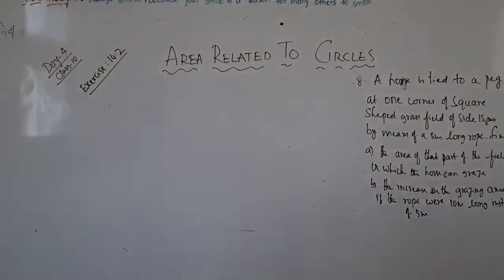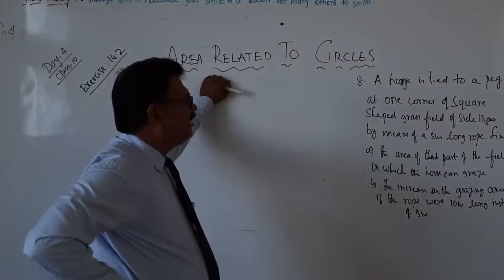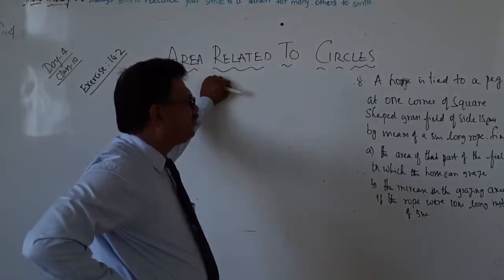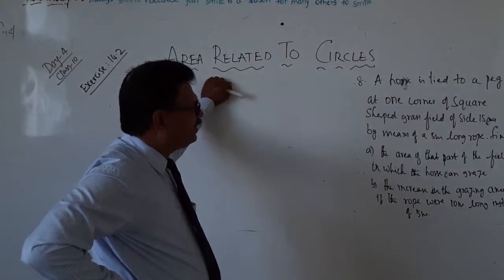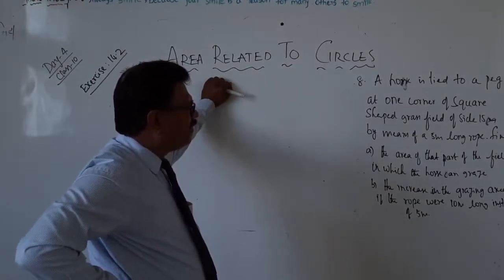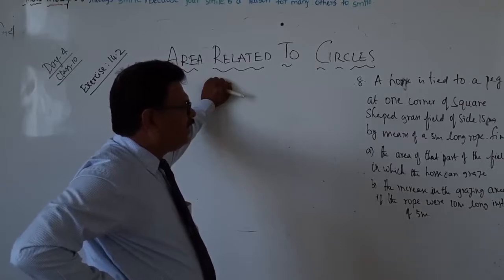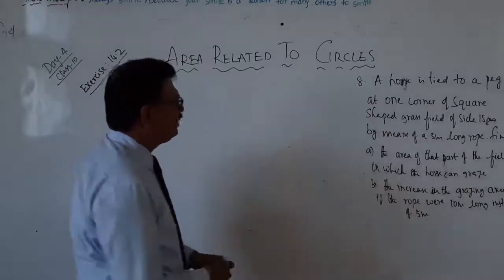Yes. Next problem. A horse is tied to a peg at one corner of a square shaped grass field of side 15 meters by means of a 5-meter long rope. That's okay. See, it is like this.